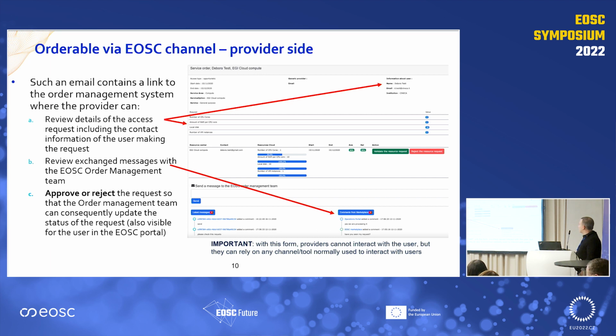At the end the provider can approve or reject the order. If the provider approves, it means the provider commits to implement it, and rejection means the order is rejected.